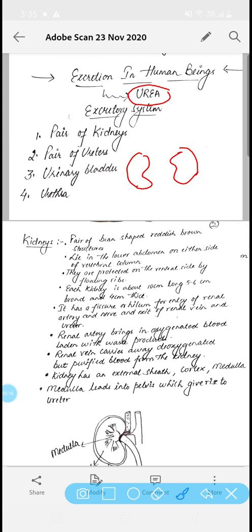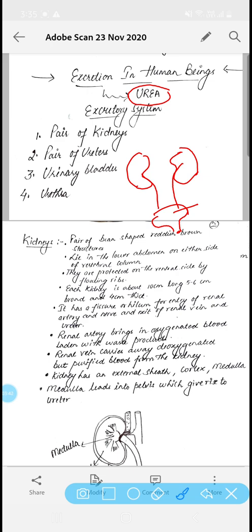Kidneys are red bean shaped structures. Okay, and these kidneys are joined with a pair of ureters. Ureters are pipe like structures coming out from the kidney, and then these ureters lead to a pouch like structure called the urinary bladder.